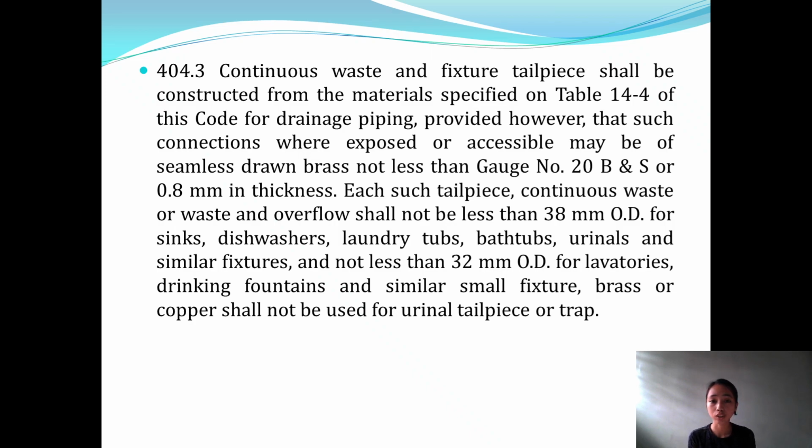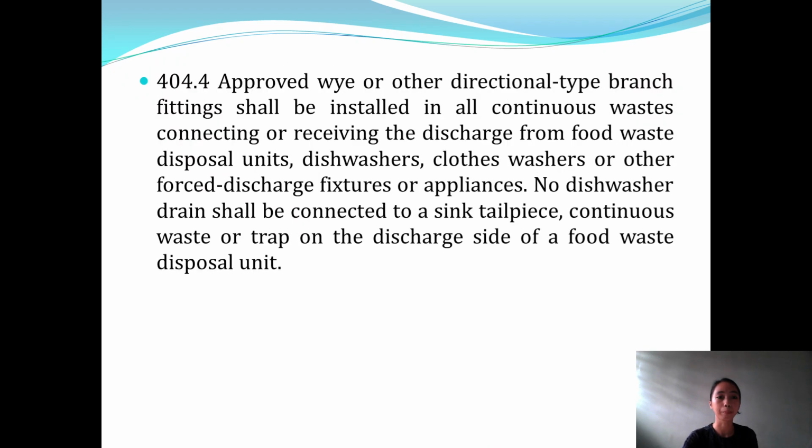Each such tailpiece, continuous waste or waste and overflow shall not be less than 38 millimeter OD for sinks, dishwashers, laundry tubs, bathtubs, urinals, and similar fixtures, and not less than 32 millimeter OD for lavatories, drinking fountains, and similar fixtures. Brass or copper shall not be used for urinal tailpiece trap.